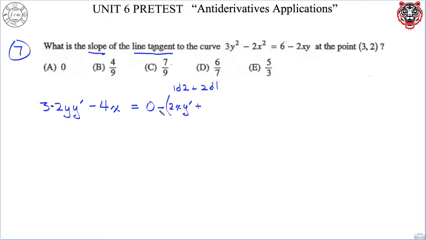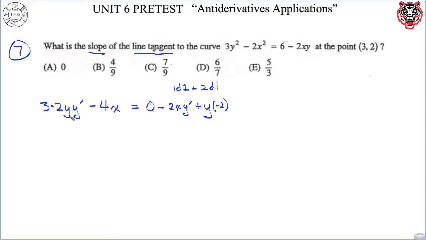All this by the way is in parentheses because this minus is going to be distributed, and then plus 2, which is y, and then d1 is negative 2. Actually we don't need to put the parentheses now that I think about it, because negative 2 is included in our first term. So 2 is going to be our y, and then d1 is negative 2, y times negative 2, like that. And we need to solve for our y prime essentially.